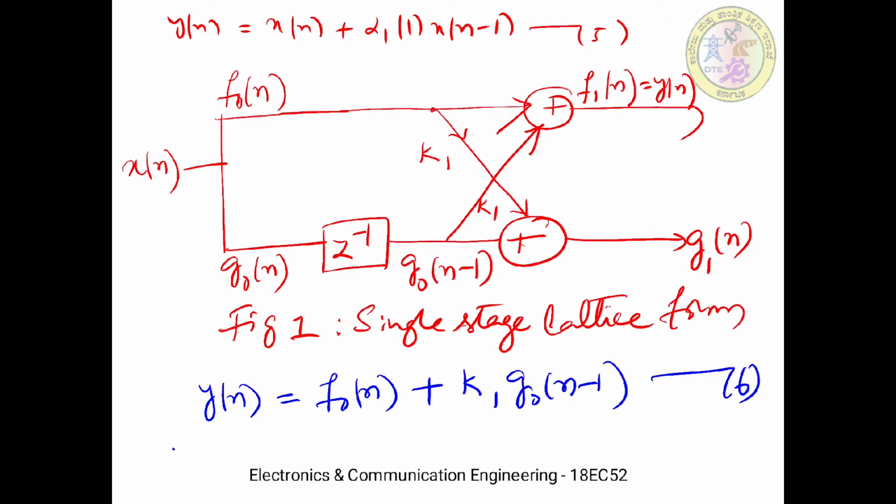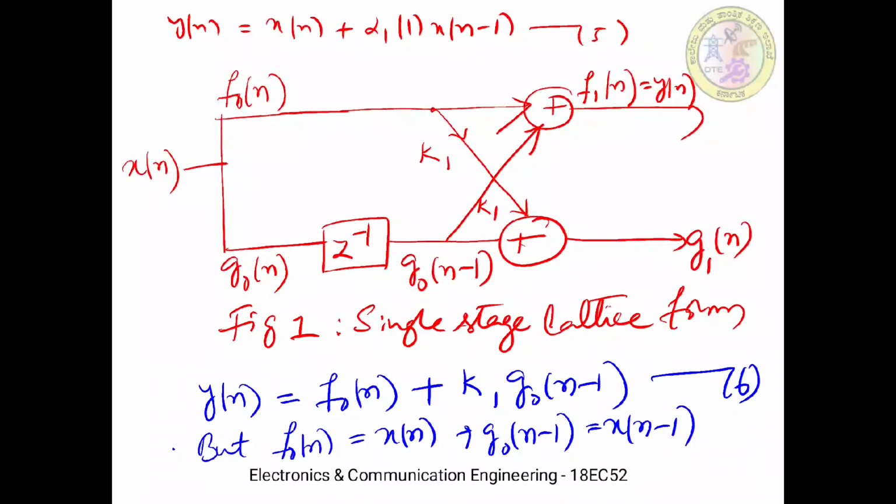But f naught of n is nothing but x of n only, and g naught of n minus 1 is nothing but x of n minus 1, because x of n is passed through z inverse. The output of this delay element will obviously be x of n minus 1. So whatever we have written in the lattice structure as g naught of n minus 1 is just the same as x of n minus 1.